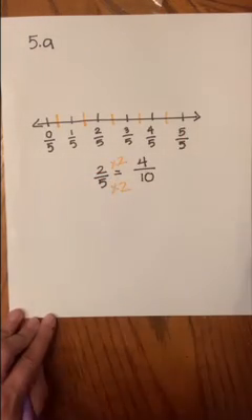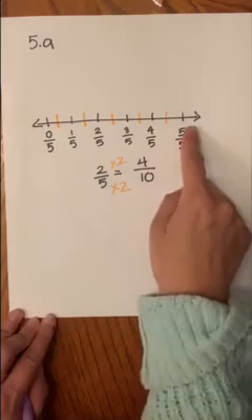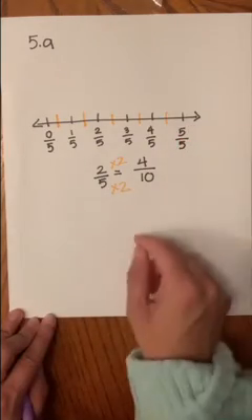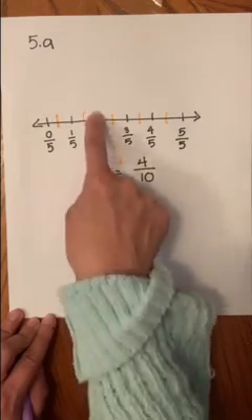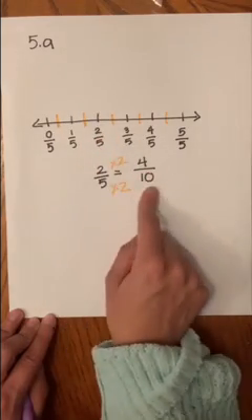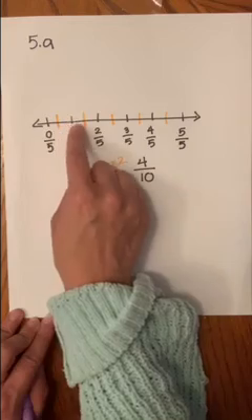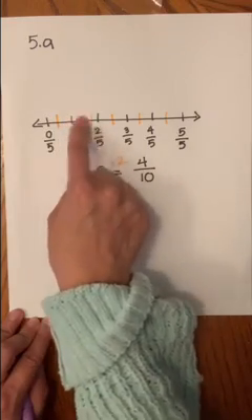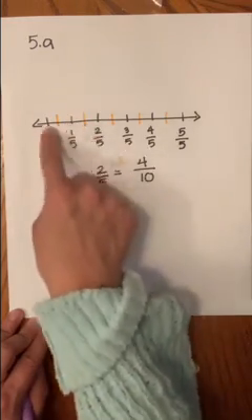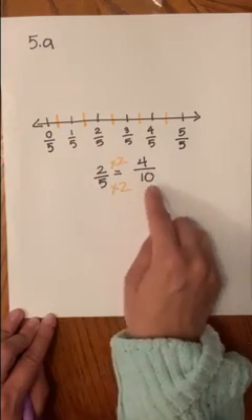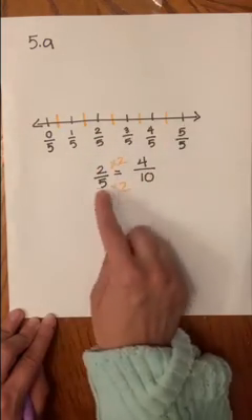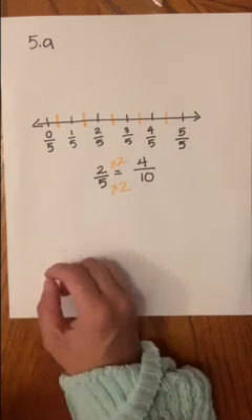So after I decomposed it, I made tenths. I no longer had fifths. So that means that this, which was my 2/5, is now my 4/10. 1, 2, 3, 4. So this is 2/5 and 4/10 after I decomposed, right? That's why they're equivalent fractions.